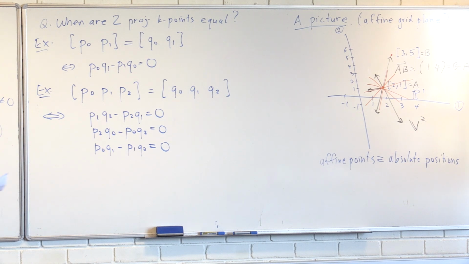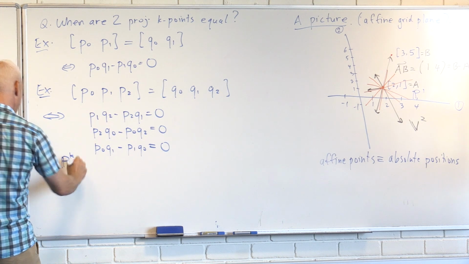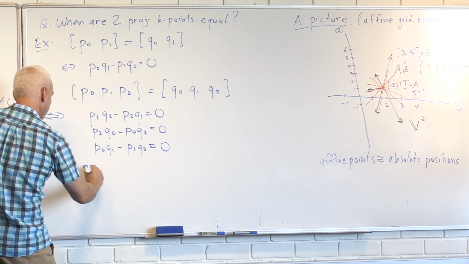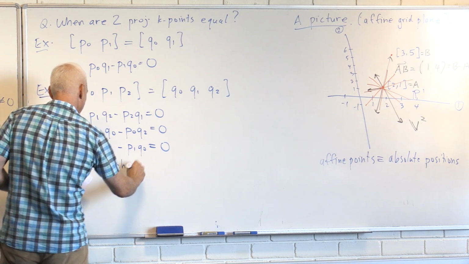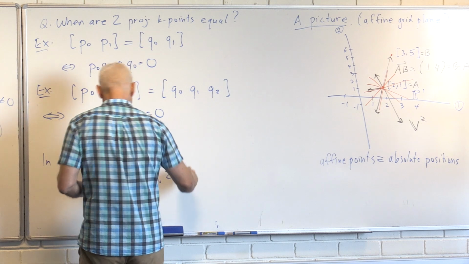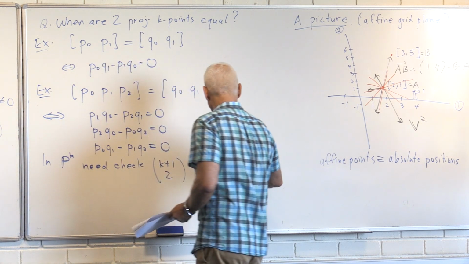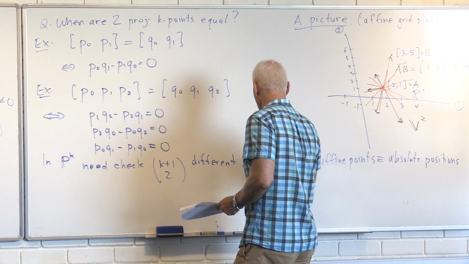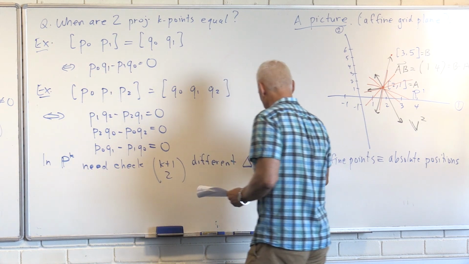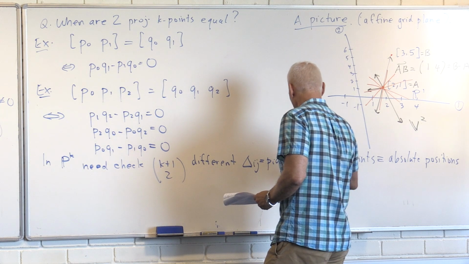In general, in projective K space, we need to check K plus 1 choose 2 different little 2 by 2 determinants. Let's call them delta ij, like pi qj minus pj qi.